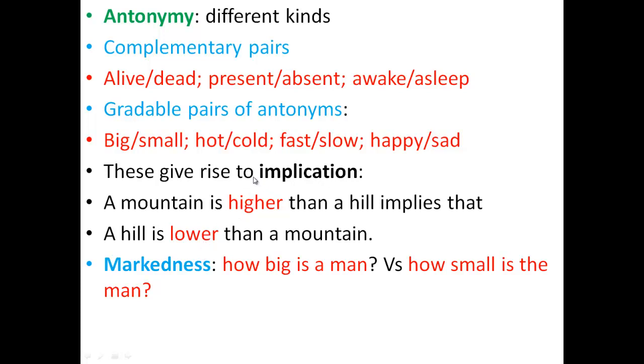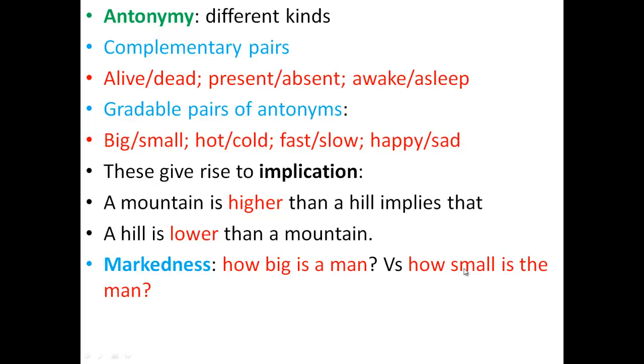So when it is possible to have this kind of implication between gradable antonyms in sentences like this, it's easy for us to identify them as gradable antonyms and to make them different from the other kinds of antonyms. At the same time, we have to mention the notion of markedness. Let me explain it through an example.